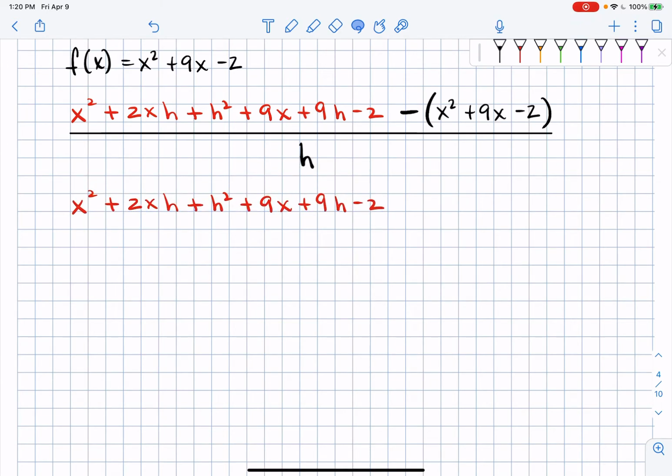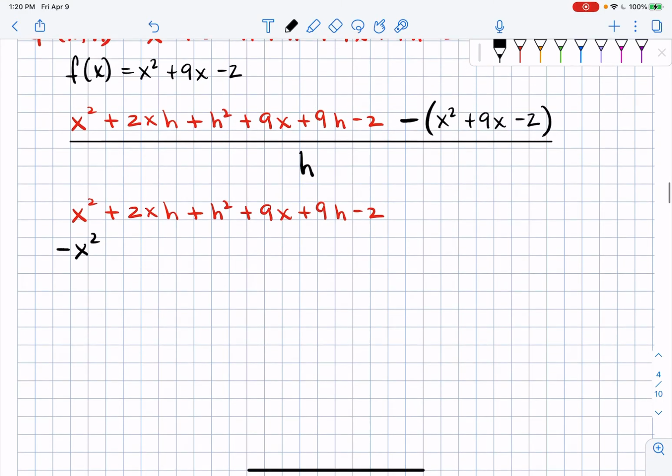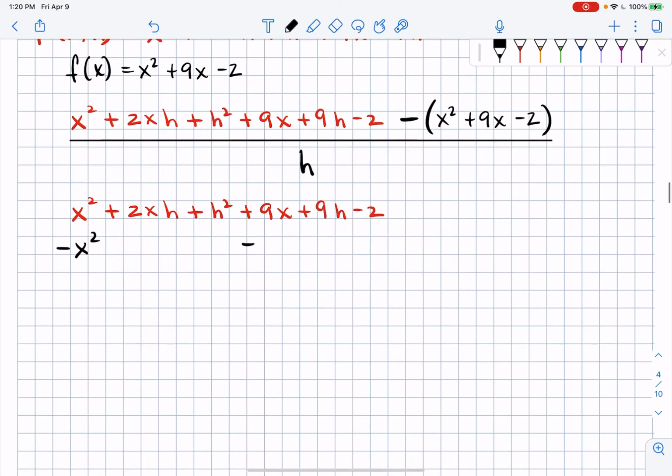So from here, I have to distribute this negative through, right? Okay, so in other words, it flips all three signs. So now it's gonna be negative x squared. So I'm gonna go ahead and stack it. So negative x squared minus 9x, and then it's gonna be plus 2. Okay, all over h.